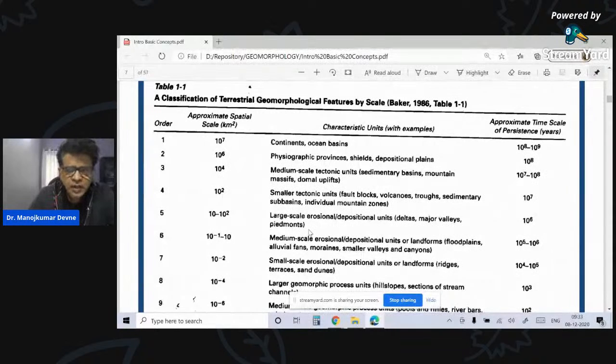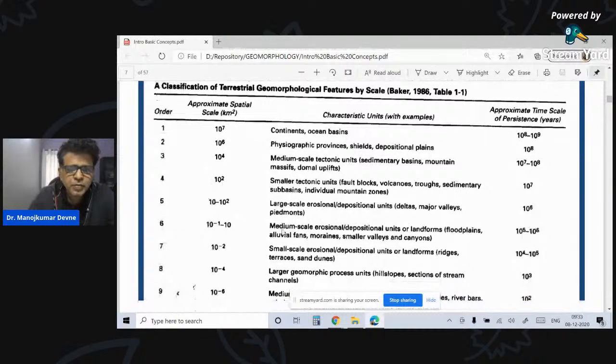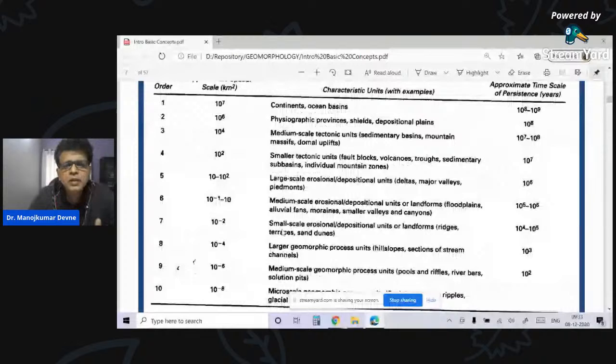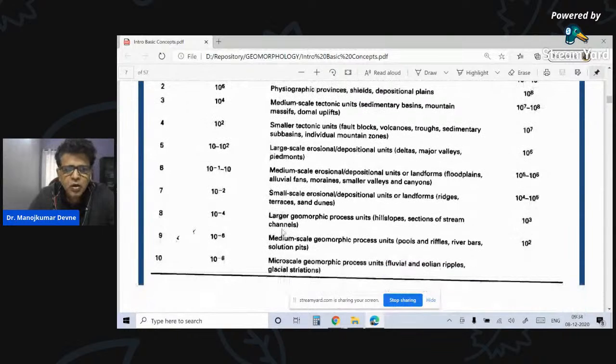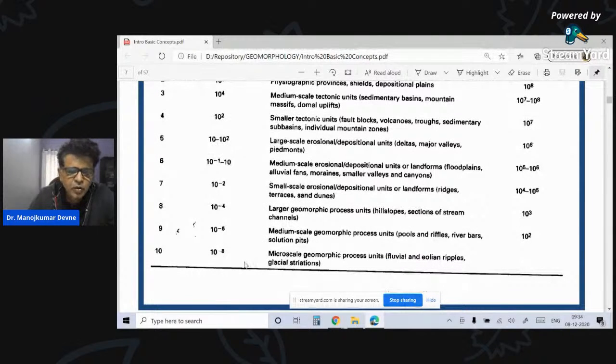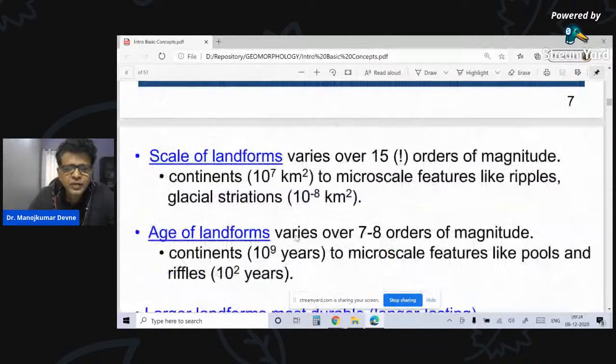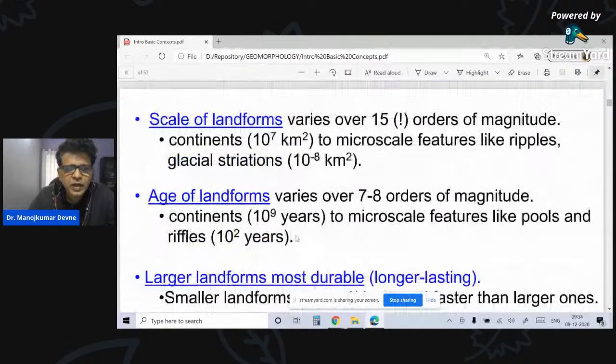On the largest scale, we have continents and ocean basins, and then we go down and down, and you'll see that larger spatial scales require larger temporal scales to be altered. On the other hand, smaller spatial scales require lesser amount of time as such. Okay, this was the scale of the landforms.